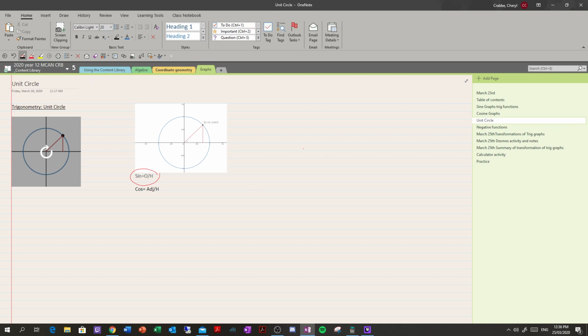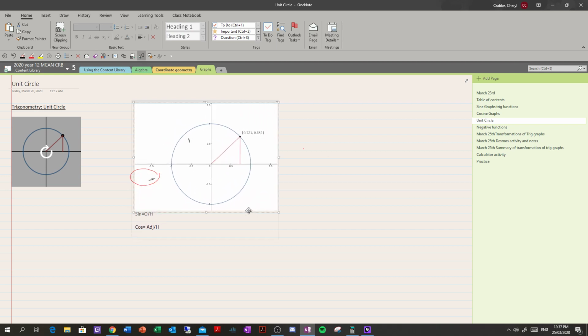If we take a look at this, make this our reference angle right here, and then we have side opposite and side hypotenuse. If this is my reference angle, the sine is basically opposite over hypotenuse. Well, we know what the hypotenuse is. It's 1.